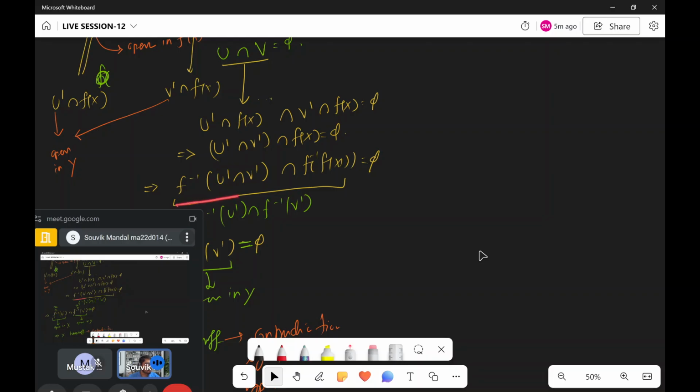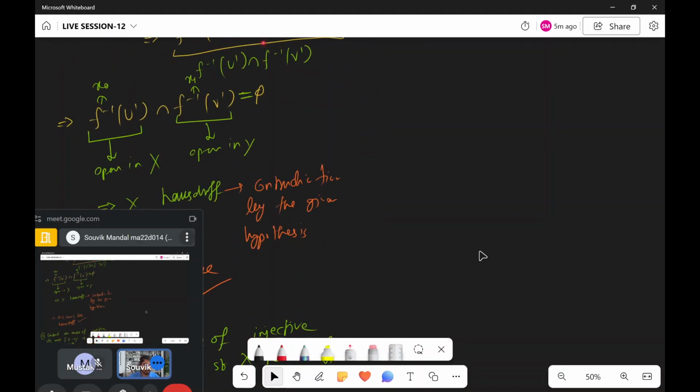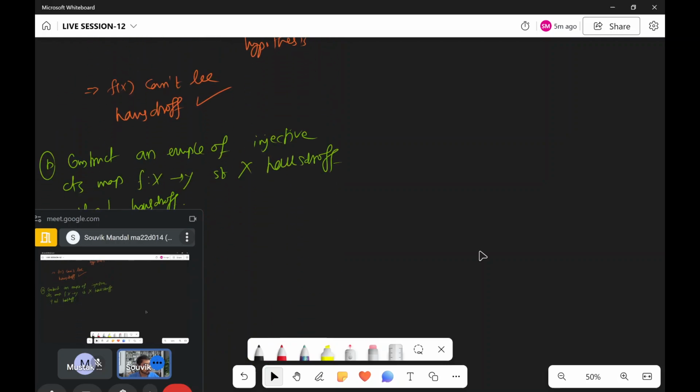This states that f inverse of U prime intersection V prime is empty, and this states that f inverse U prime intersection f inverse V prime is empty. This f inverse U prime is an open set in X and f inverse V prime is an open set in X. Both contain x naught and x1 respectively. So this tells that X is Hausdorff. This is contrary to the given hypothesis. So that's why f of X cannot be a Hausdorff space. Yeah, so that is the argument. So is the full argument clear to you?